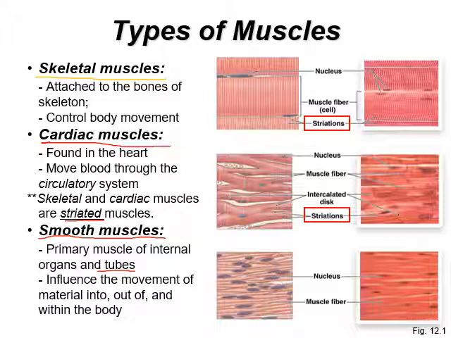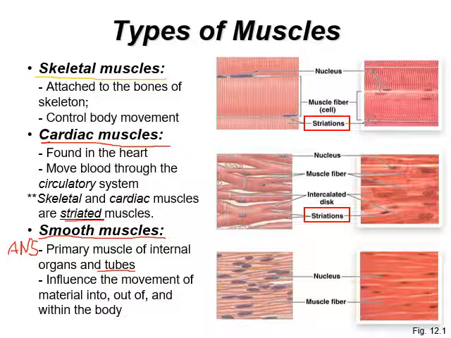Just like the cardiac, smooth muscle is controlled by the ANS, the autonomic nervous system, because we don't have to consciously think about controlling the diameter of our blood vessels. Our body automatically does that for us.